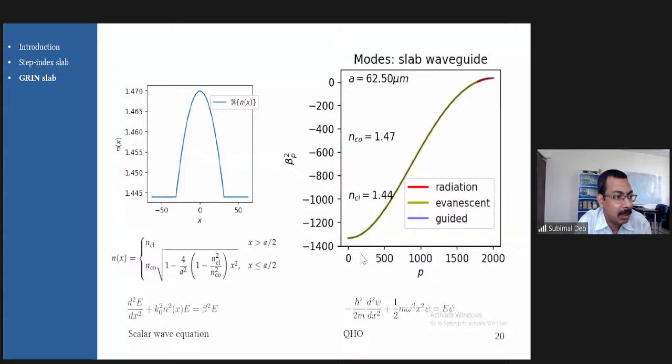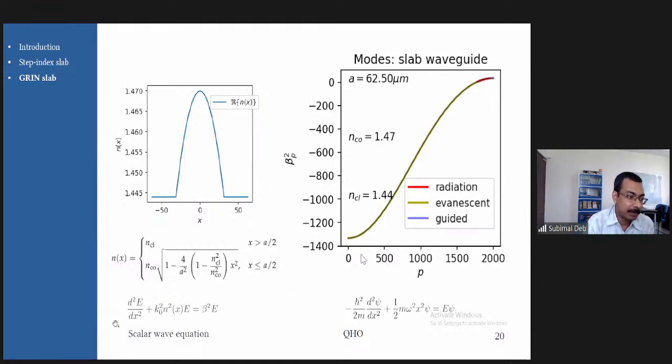Apart from the parabolic profile, there are other profiles which have been considered earlier in literature, including the exponential, linear, and hyperbolic profiles, but the parabolic profile remains the most common one. And we use the same formalism, the finite difference scheme, for calculating the modes of the waveguide. And in this case, we will compare it with analytical results.